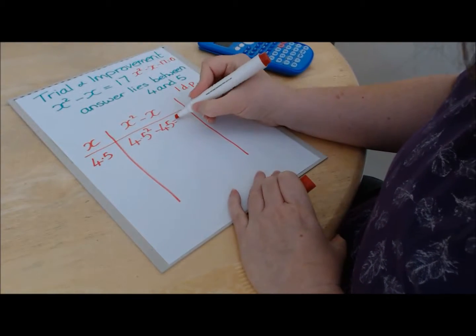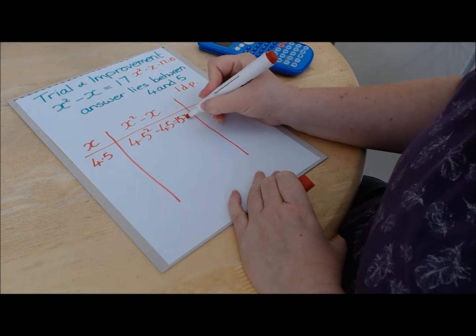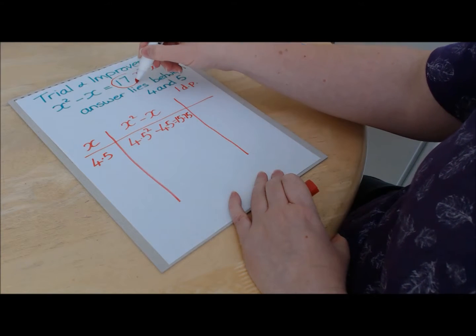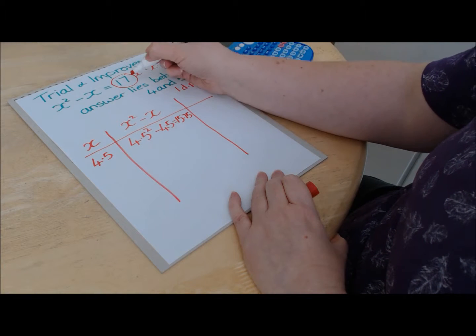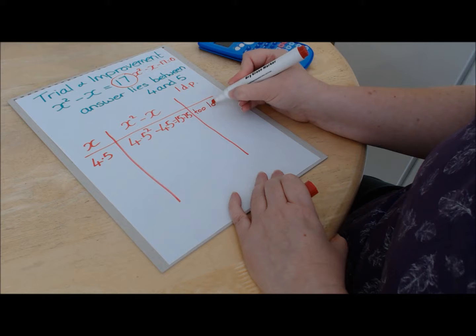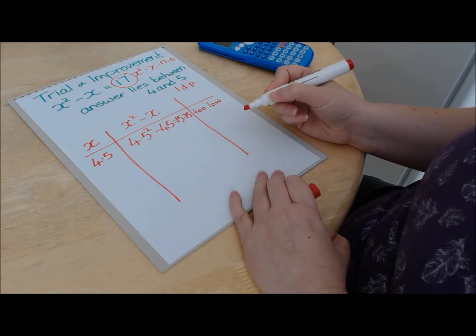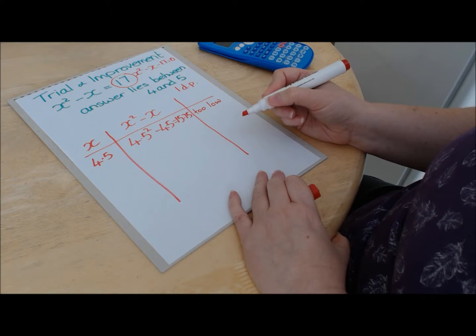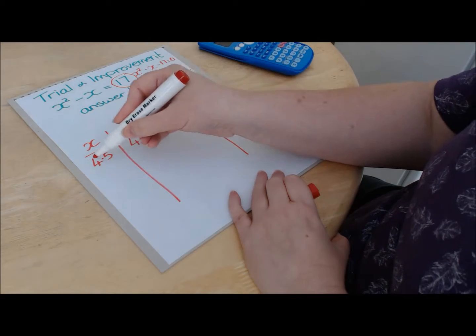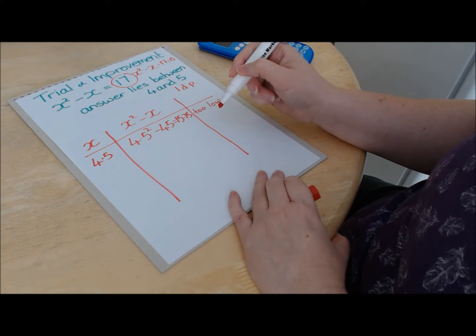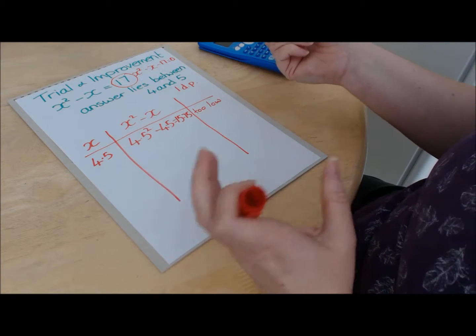So I'm going to make a note of that here, 15.75. Now our target number is the 17 here. So compared to 17, that is too low. So what we've learned from this first trial is that the answer must be bigger than 4.5 because this is too small. So now we're going to try something a bit bigger.